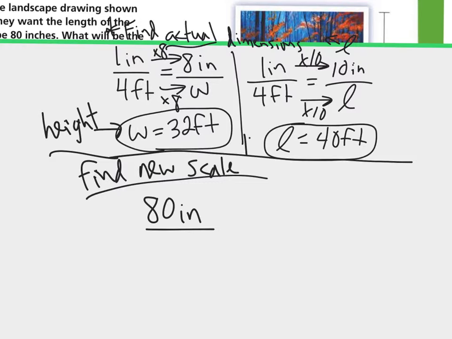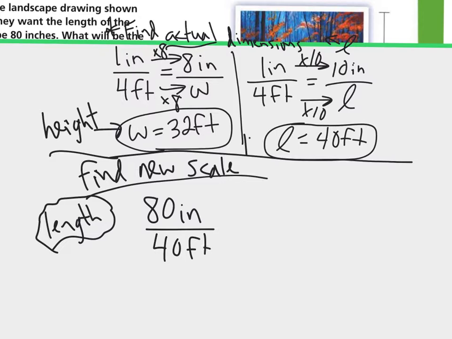In reality, so this is looking at our length, okay, because they told us what the length is going to be. So 80 inches, and in reality, it was 40 feet. In order to set up your scale, if you've noticed the scales so far, it's been like 1 centimeter equals this, 1 inch equals this, okay? I mean, technically this is a scale. 80 inches equals 40 feet.